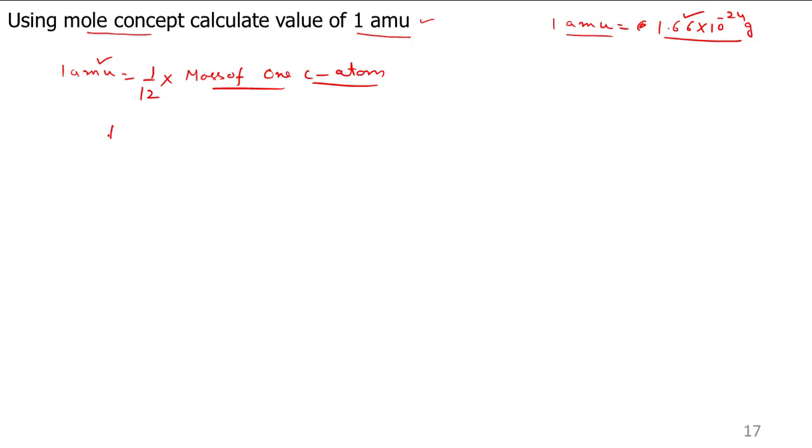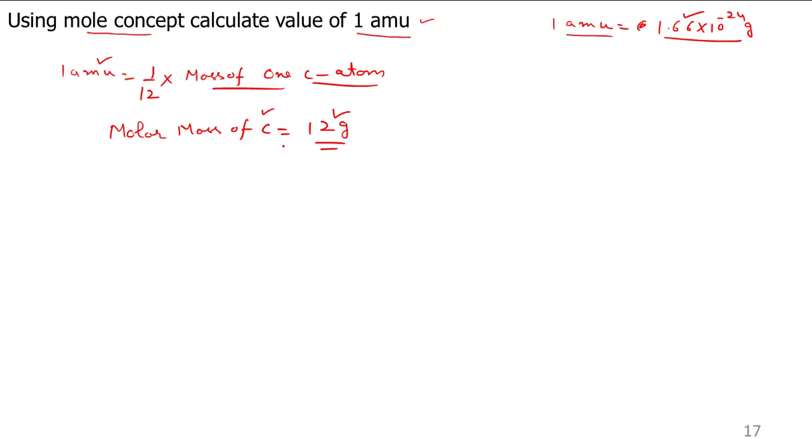Now we have the molar mass of carbon. What is the molar mass of carbon? It is 12 gram. Now this mass is of how many atoms of carbon? Avogadro number of atoms.